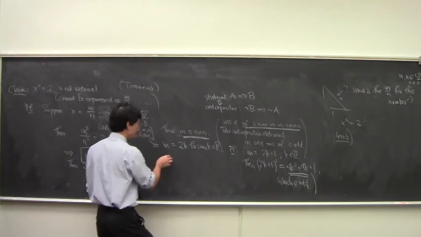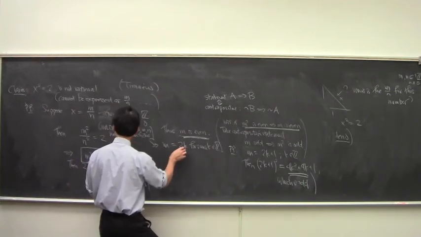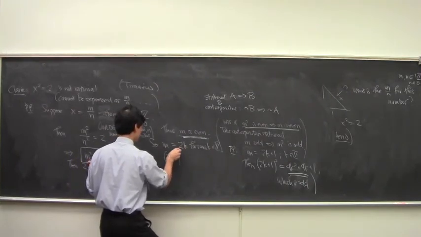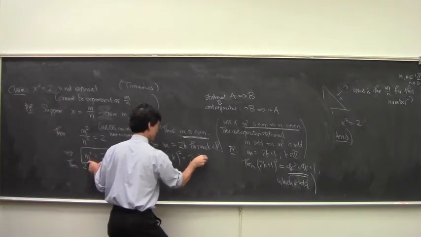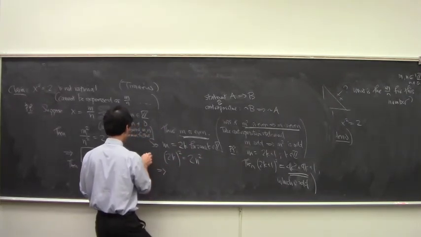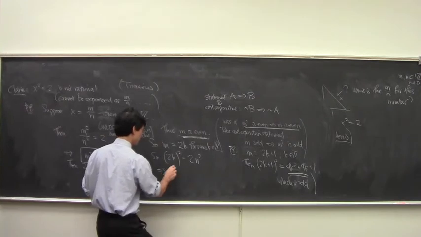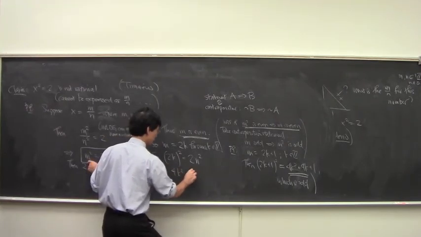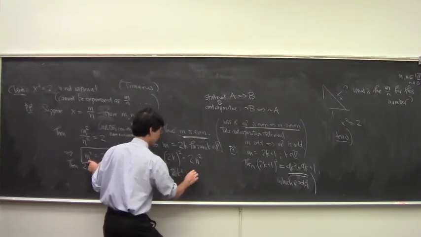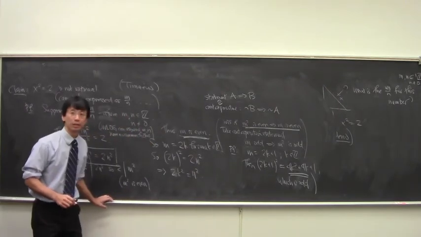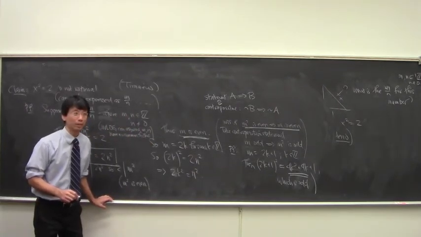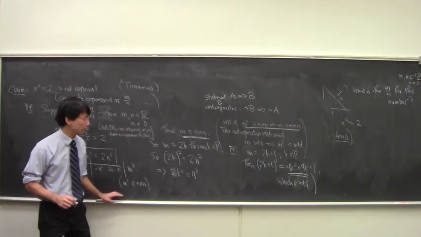Okay, so let's see what happens. M is 2k, so we get 2k squared equals 2n squared. In other words, 4k squared equals 2n squared. So 2k squared equals n squared. Take another minute.